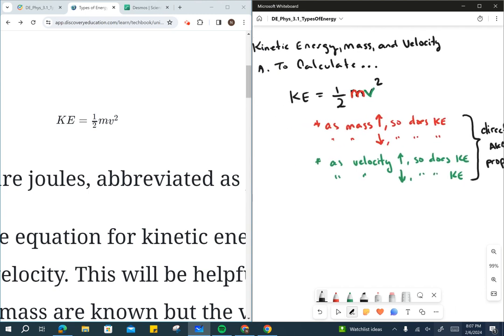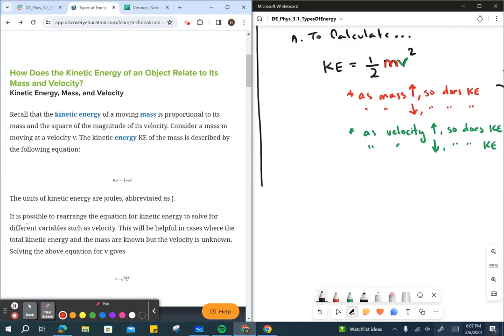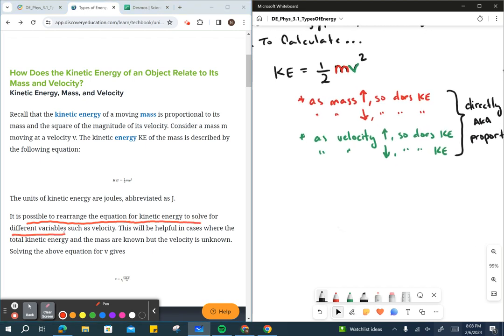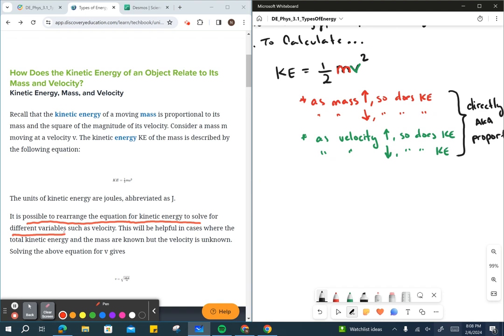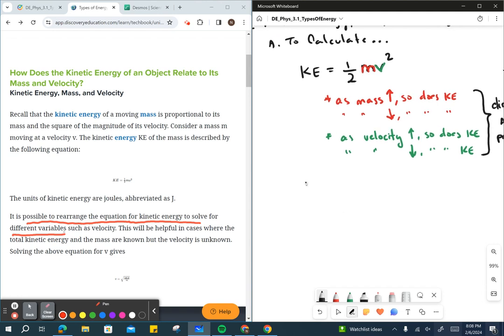Now, you can rearrange, and I think that they kind of talk about this. It is possible, they say, to rearrange the equation to solve for different variables. You guys have some skill in that. If I wanted to solve for velocity, which we're going to say is a v, what do you have to do?